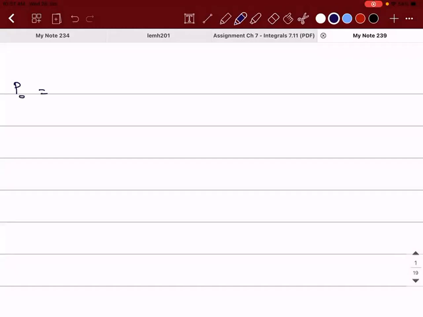So P naught is equal to integral of a to b f of x dx, which is equal to integral of a to b f of t dt. So this is a known fact.